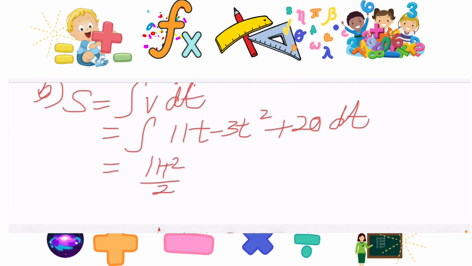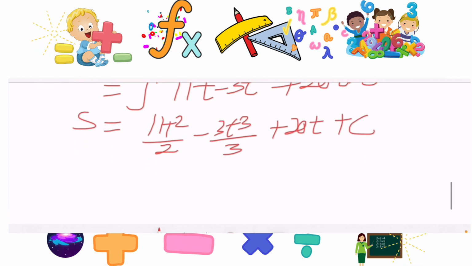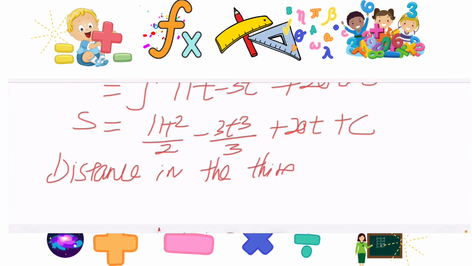So we'll get 11t squared over 2 minus 3t cubed over 3 plus 20t plus c. Don't forget the c is very important. So how to solve the c? The particle passes the fixed point, right? When t is 0, s is 0, so c will be 0. So we can just ignore the c.